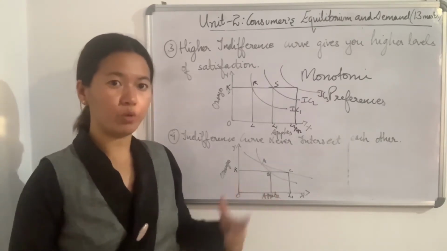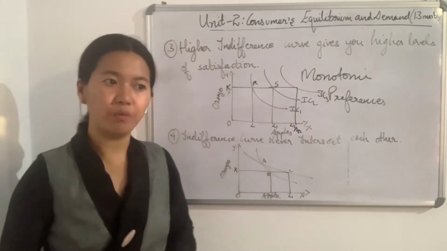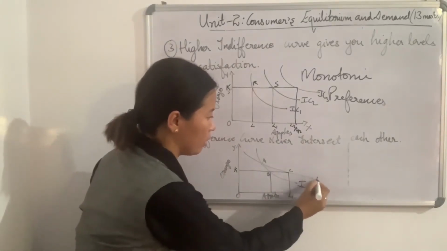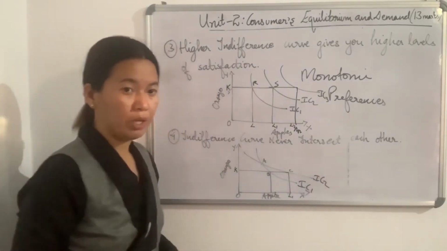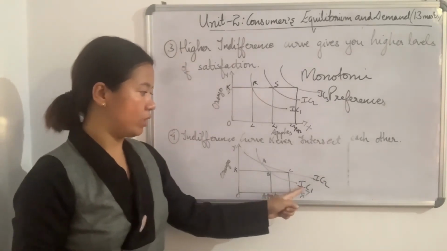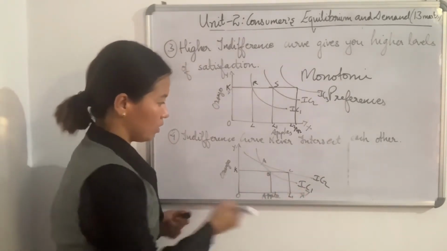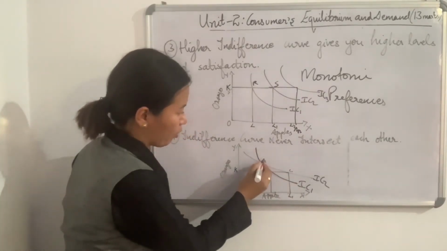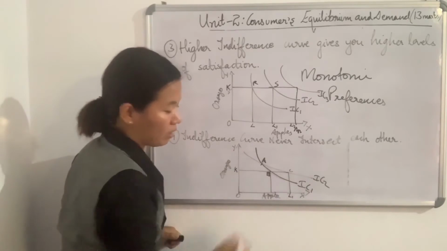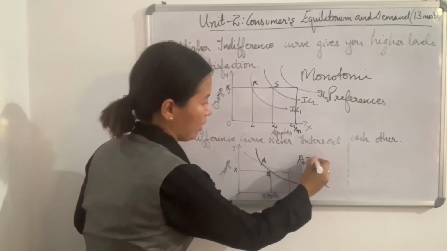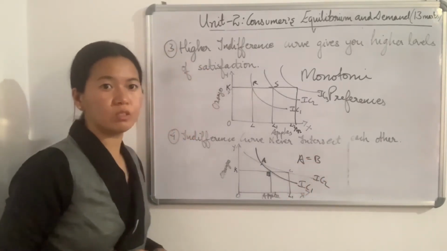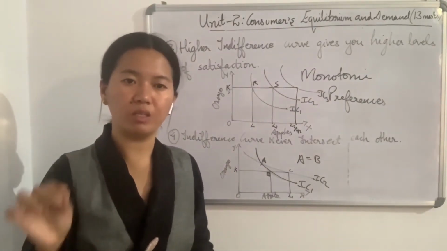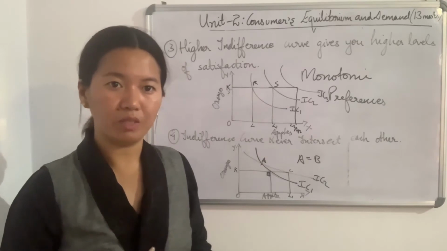From this diagram, we are going to prove that indifference curves will never intersect each other. There are two indifference curves, IC1 and IC2. On IC1, we have point A and point B, which means that A is equal to B, because from the definition itself, any points on the same indifference curve give you the same level of satisfaction.